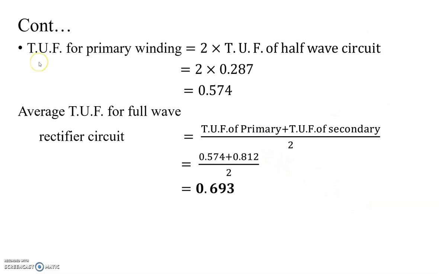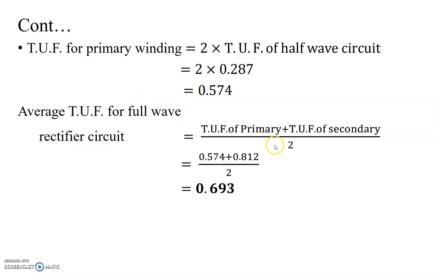So next we are finding the transformer utilization factor for the primary winding, which is nothing but 2 times the transformer utilization factor of the half wave rectifier. So just substitute and find out the transformer utilization factor for the primary winding, and then find the secondary winding transformer utilization factor, and finally find the average value of the transformer utilization factor for the full wave rectifier.